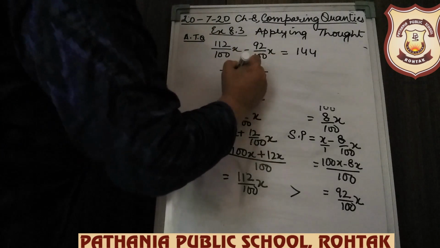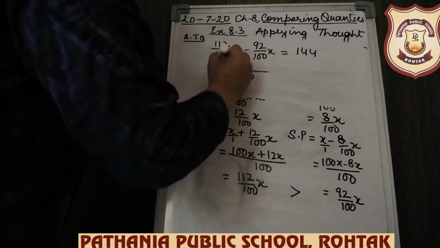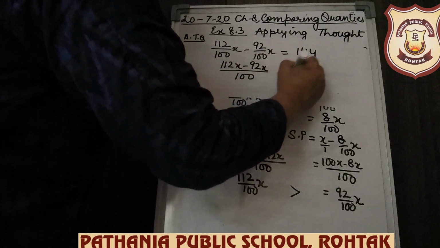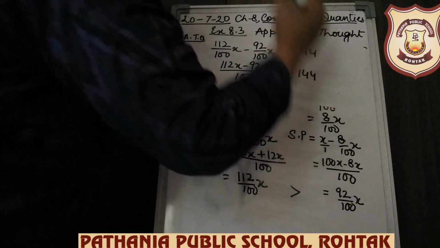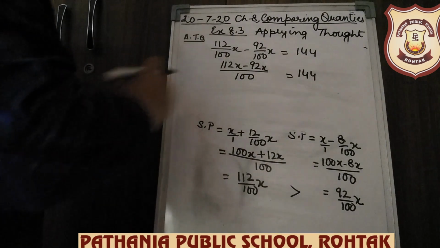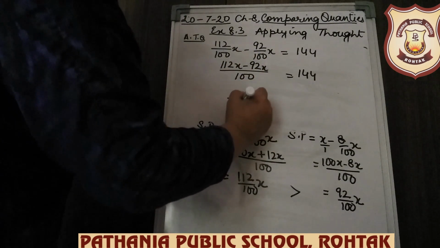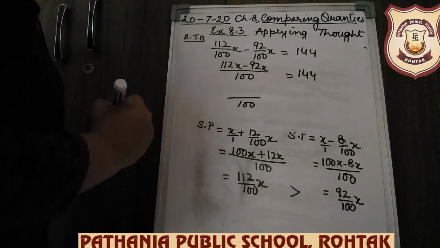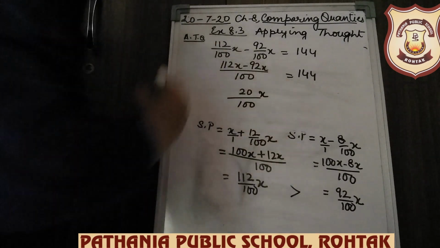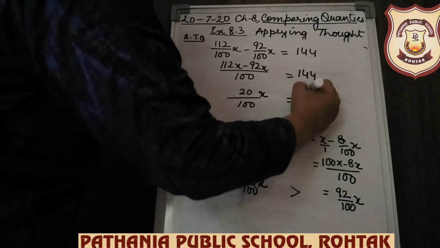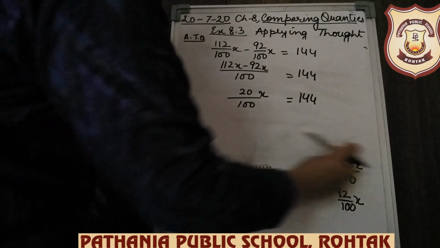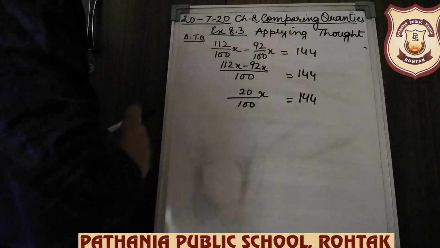So now the LCM is going to be 100 only. So 112x minus 92x is equal to 144. So now what you are going to do here, subtract these two. What is the difference going to be? It is 20x is equal to 144. Now keep x on the left hand side.